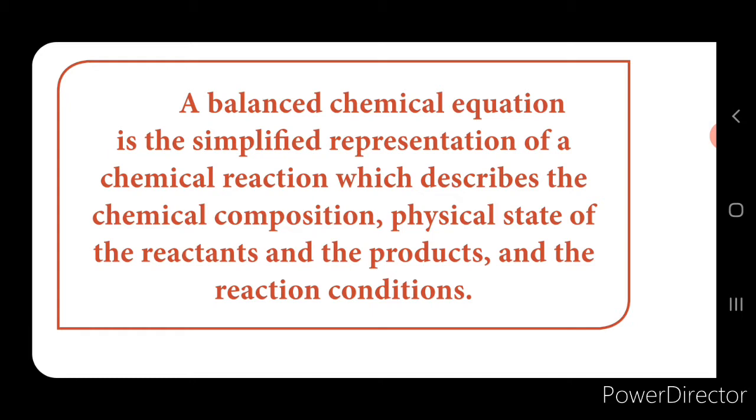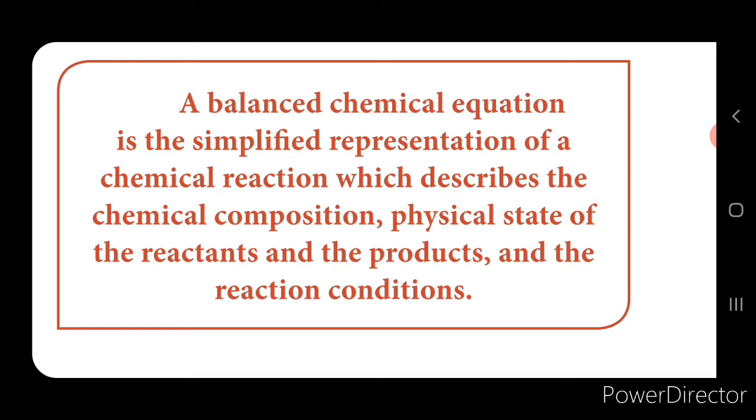Now here the chemical equation is nothing but the simple representation of a chemical reaction. In the sense, we are representing the chemical equation using the chemical formulas. And we also said that the physical state of the reactants and the product should be mentioned in the reaction, isn't it?